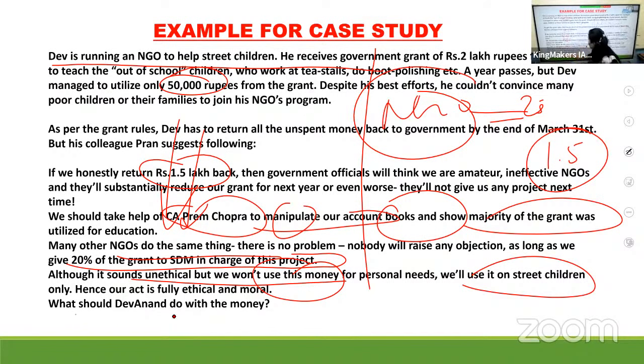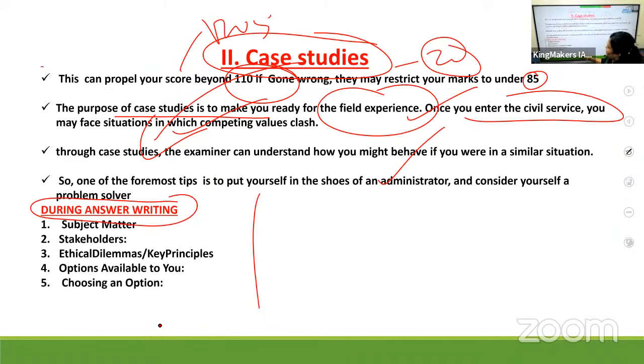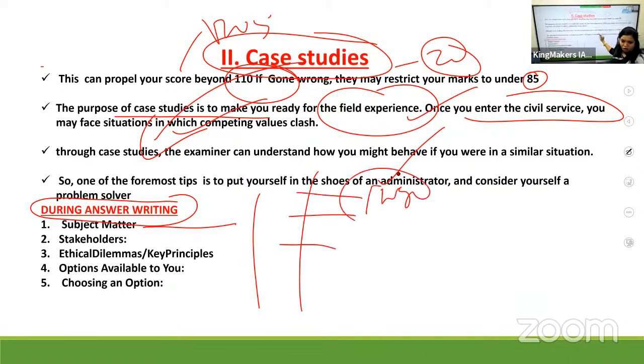Now what should the person do with the money? When you think about it, many people will say return it. But for the same question, how you should write is: what is the subject matter? List down the subject matter. The subject matter was taking the money for the NGO. As a short formula, you have to identify the subject matter.